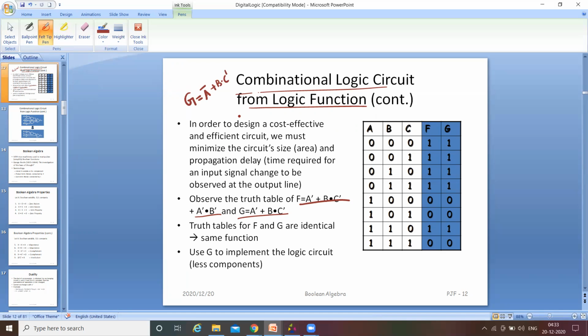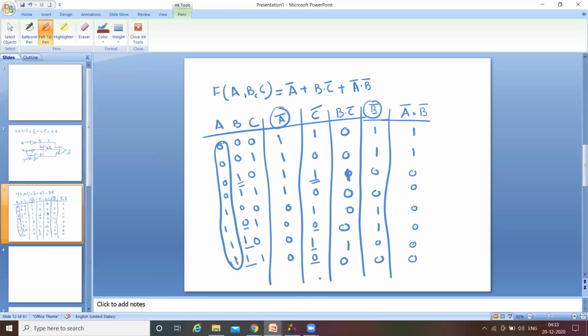And the truth table is the same. We'll come back to this equation again from our presentation. I'll take another color, black.